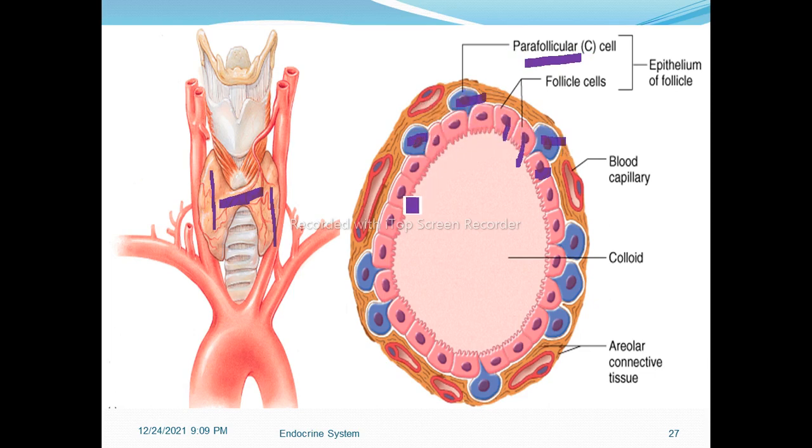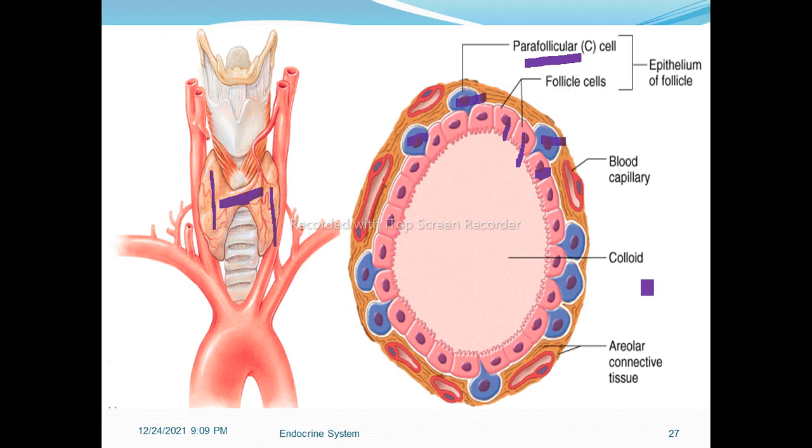So these are all follicular cells, but this blue color is known as parafollicular cells, and this pink color is the follicular cells.